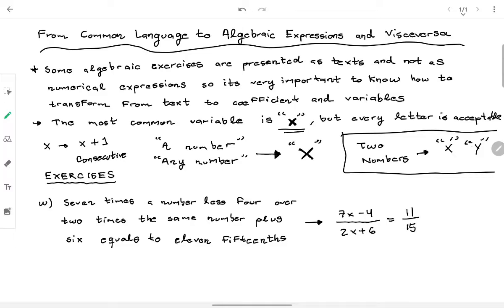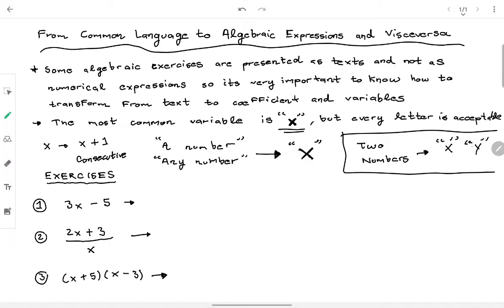So we can put an equation only by reading this specific exercise. So this equation means 7 times a number less 4 over the double or 2 times the same number plus 6 equals to 11/15.